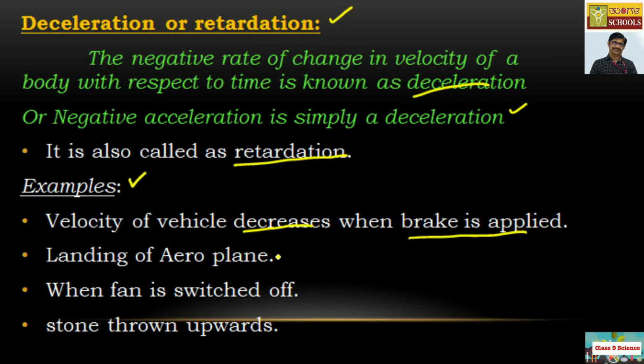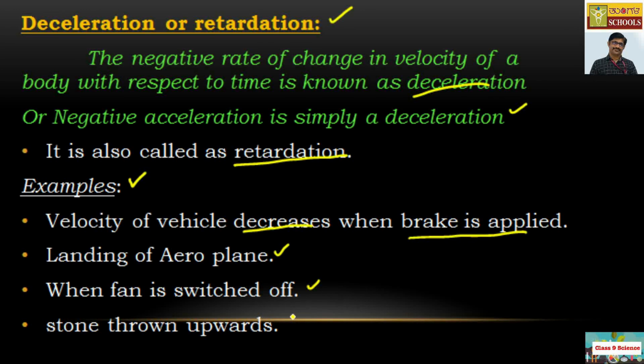When the aeroplane lands, during that process it has a deceleration or retardation. When the fan is switched off, again the fan is in decelerating mode, and hence it is taken as an example for a retardation.